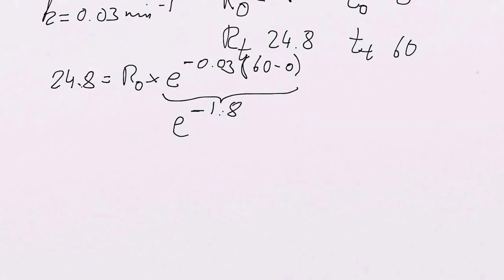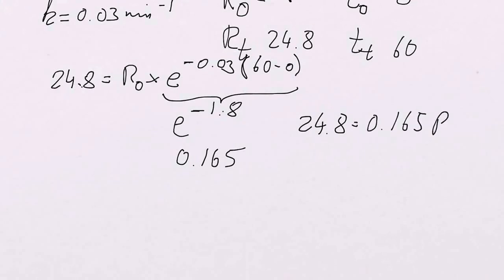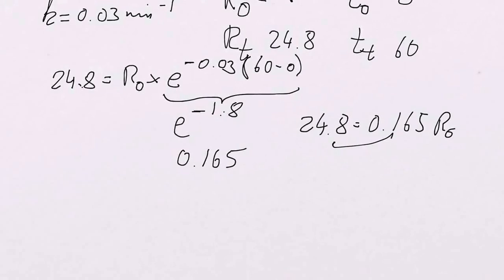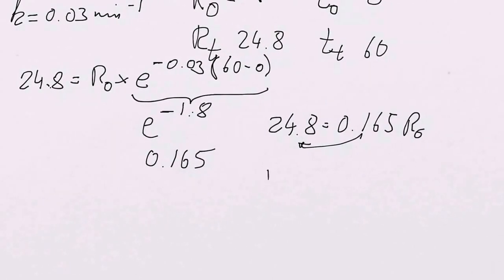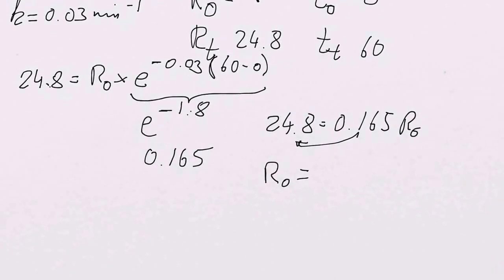And that gives us 0.165. So we have 24.8 equals 0.165 times R_0. Bring that over, and we have R_0 equals 150.